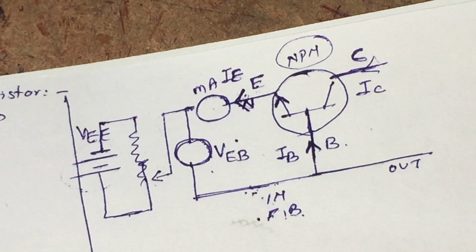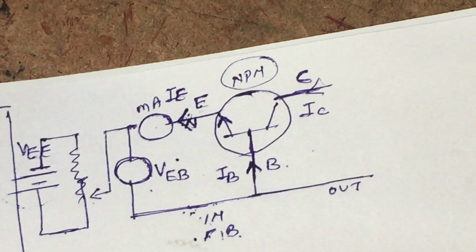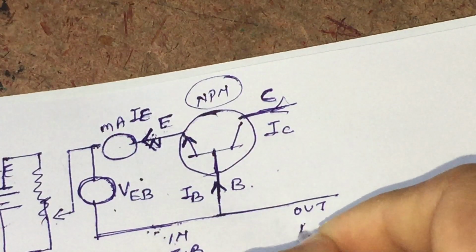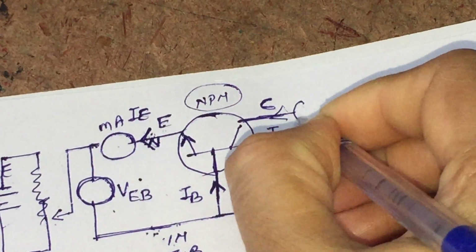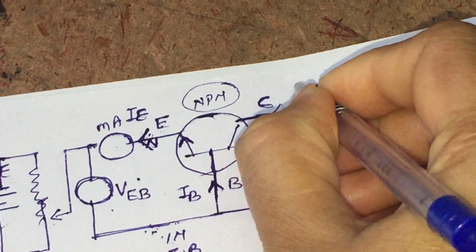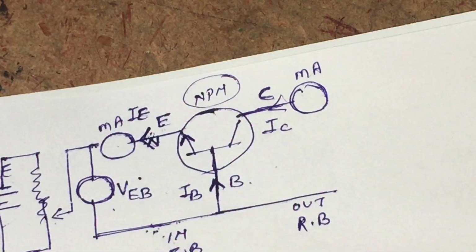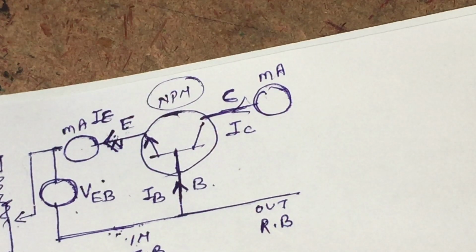Similarly, on the output side, we have to do our reverse biasing, and to find out the current in the output side, we will put a milliammeter in series with the collector region.